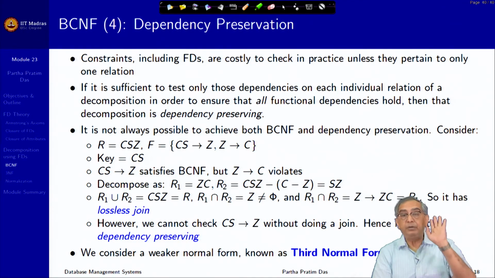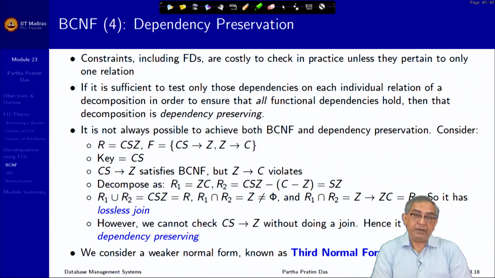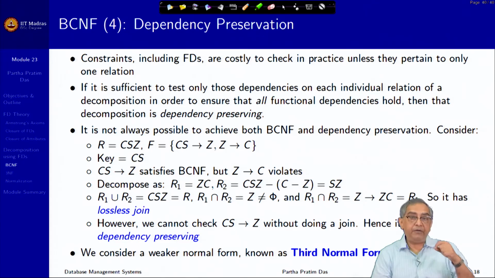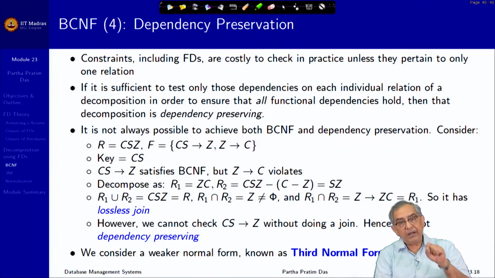It happens to preserve the dependency, and the reason it is important is that often it is very expensive to compute the natural join, because it needs to do the Cartesian product. So, to ensure that the dependencies are preserved, if the system has to compute the natural join, then that design is going to be a very bad one.